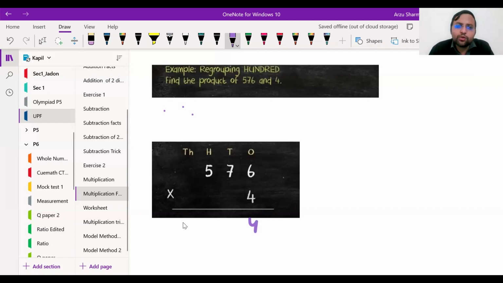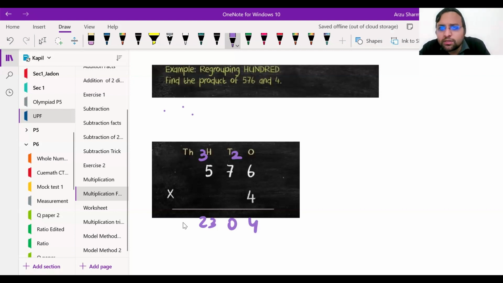So 2 will be carried over, 28, 30. Okay, what are you guys doing? Why is your answer 2324?